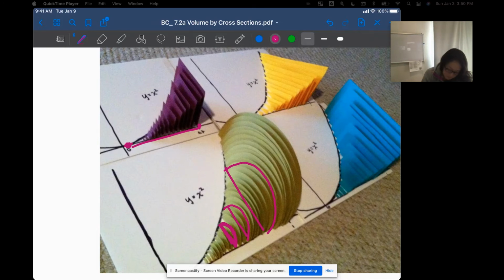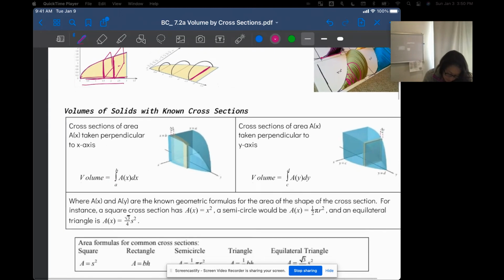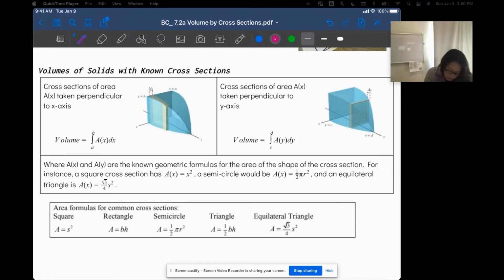So here's what we do. If the cross section is perpendicular to the x-axis, the volume is the integral from a to b of the area of the shape coming out, with respect to x.